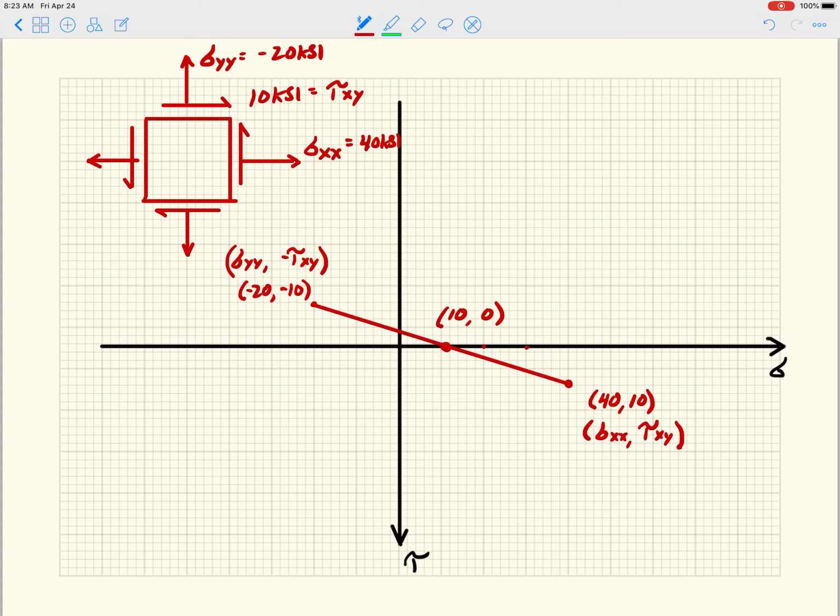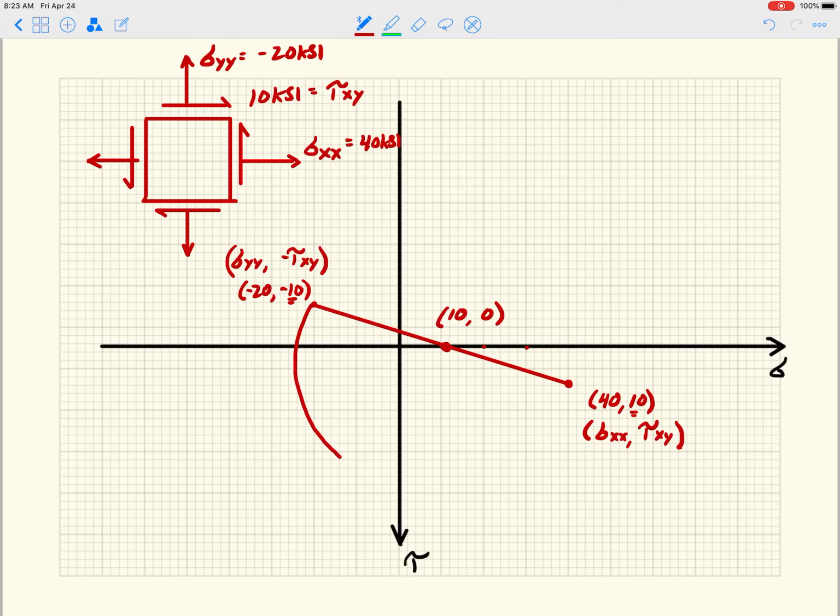So it crosses the sigma axis at the average of the normal stresses, and since it's crossing the sigma axis, there can't be any shear stress, right? So if you notice, these guys are always plotting a positive and then the negative of that shear stress, right? So one point is always going to be a certain dimension below the sigma axis, and the other one is going to be that exact same dimension, but it will be above the sigma axis. All right.